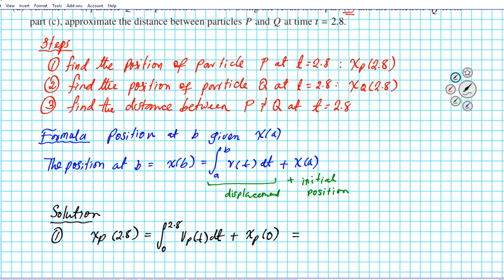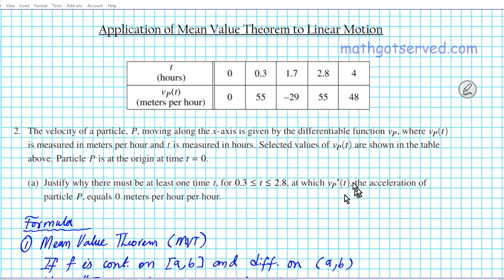Based on what we got in part B, we are able to use the trapezoidal rule to estimate this. So this is approximately, we know what this is. This was 40.75. And for particle P, at t equals 0, what was its position? Let's go back to the problem. It says particle P is at the origin.